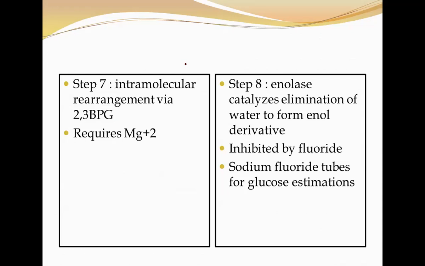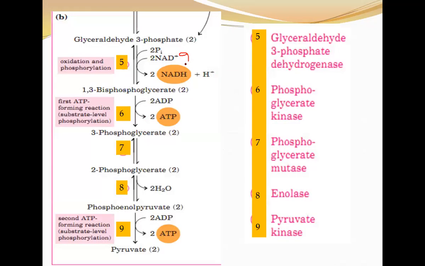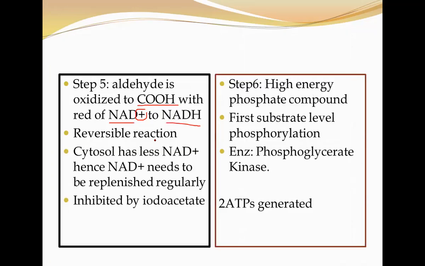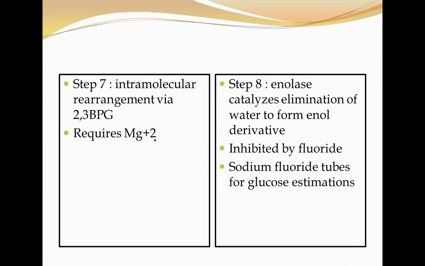Now, the seventh step is an intramolecular rearrangement that happens via 2,3-BPG, requiring magnesium 2+ and a mutase enzyme, which is phosphoglycerate mutase, and it will generate 2-phosphoglycerate from 3-phosphoglycerate. I had even mentioned earlier, this cannot happen as easily as it has an intermediate product, which is nothing but 2,3-BPG. Now, you might have heard of 2,3-BPG earlier also, and we will come and address this particular 2,3-BPG once again in more detail.